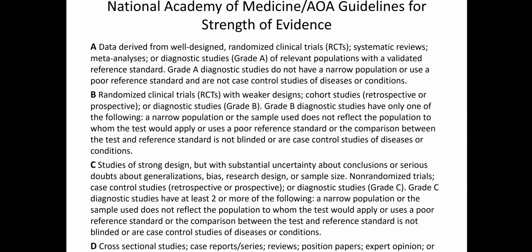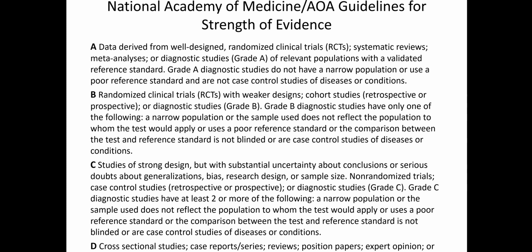They also have cohort studies, which in this case it says retrospective, but mostly the cohort studies in B are prospective, where you find a group of people and you follow them over time and you see if they develop a disease, and then you can go back and look at their initial characteristics.